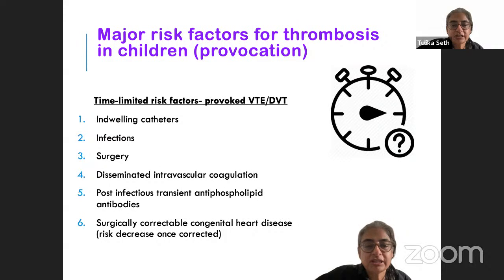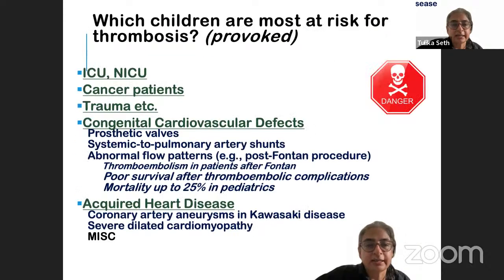Any major surgery, DIC, post-infectious transient antiphospholipid antibodies can also lead to thrombosis. And many congenital heart diseases also have these children with a procoagulant kind of a provocation. Other things like nephrotic syndrome and other diseases are also likely to lead to thrombosis.